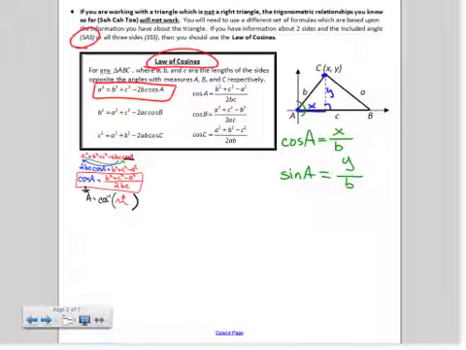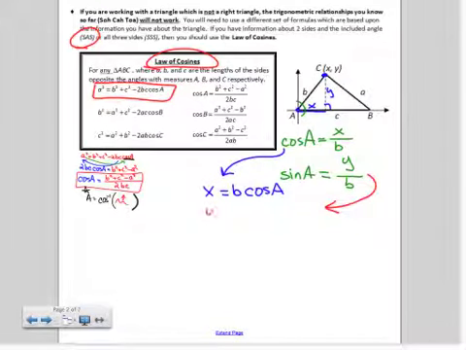Now, this right here becomes x equals b cosine A, and this right here becomes y equals b sine A.